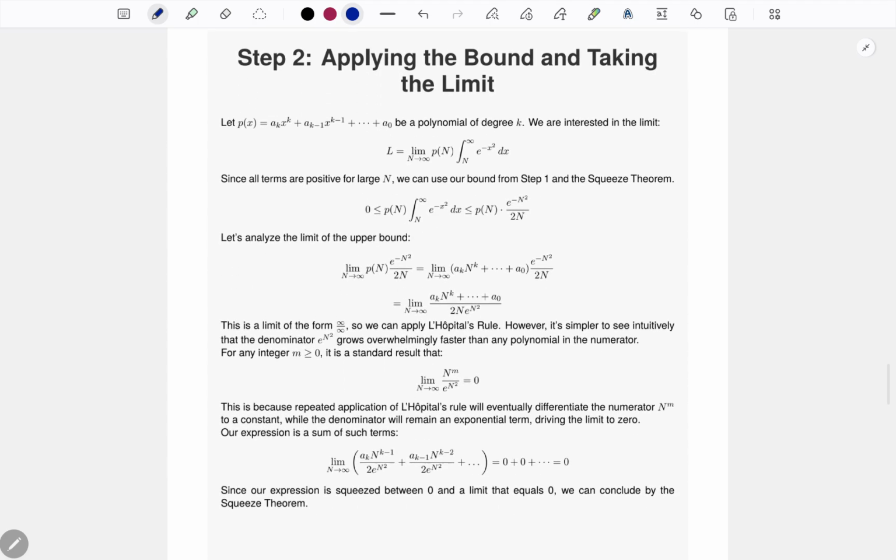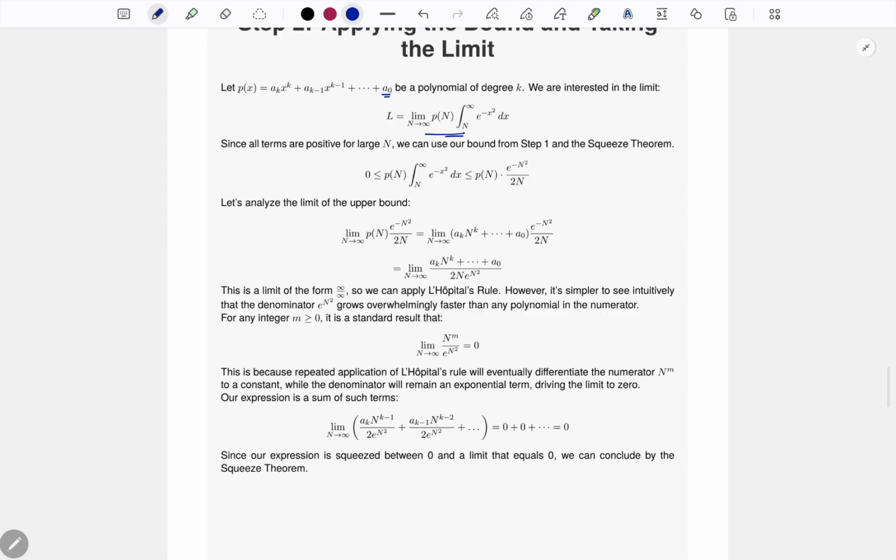Now I choose an arbitrary polynomial P(x) of the form a_k x to the power k plus a_(k-1) x to the power k minus 1 and so on till a_0, and we have to find this particular limit. What is the value of P(n)?